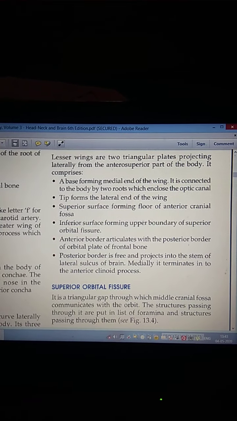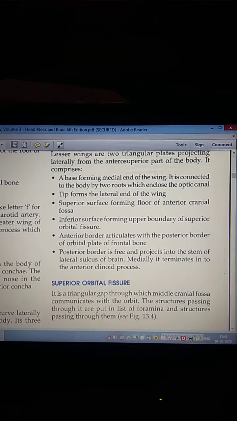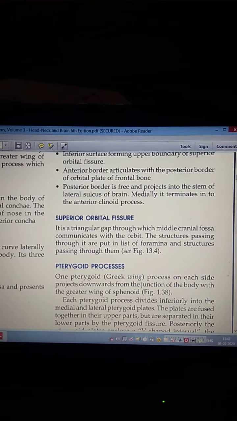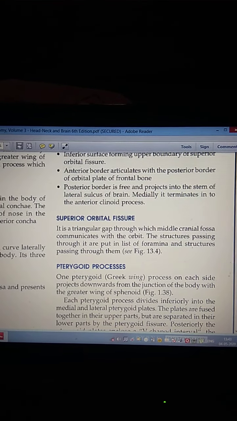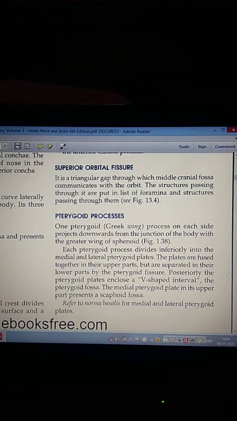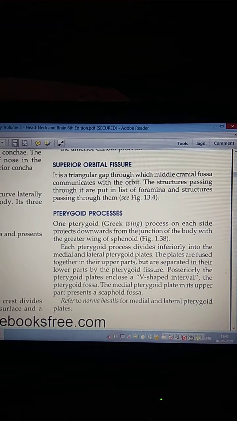The anterior border articulates with the posterior border of the orbital plate of the frontal bone. Now the posterior border is free and projects into the stem of the lateral sulcus of the brain. Superior orbital fissure. It is a triangular gap through which the middle cranial fossa communicates with the orbit.